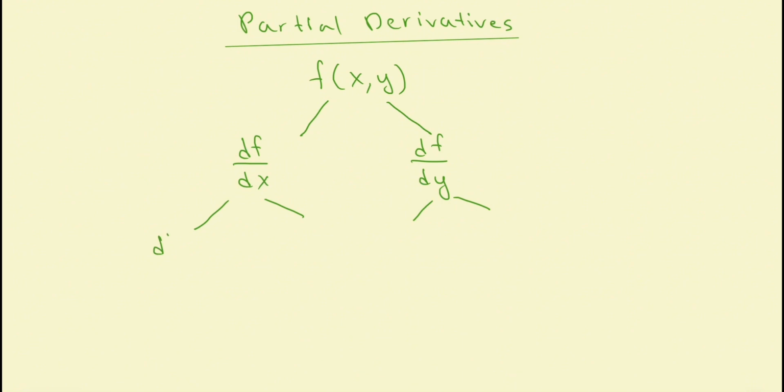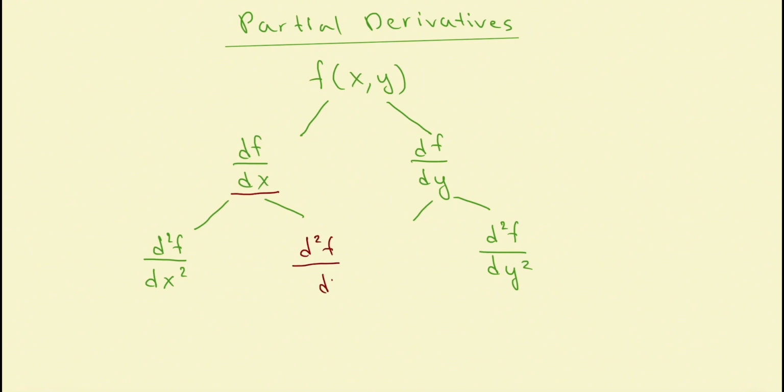So here we're going to derive the function with respect to x twice. And in the y case, we're going to derive the function twice as well with respect to y twice.